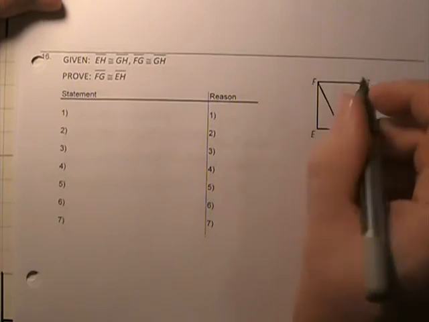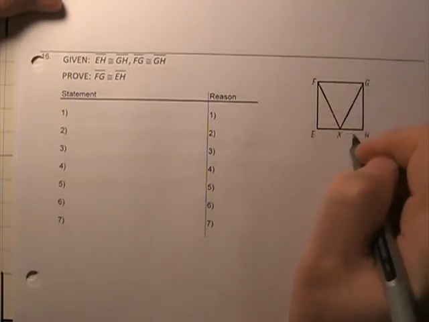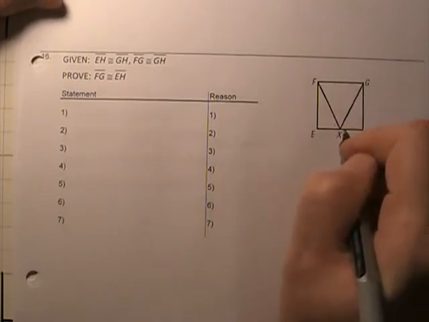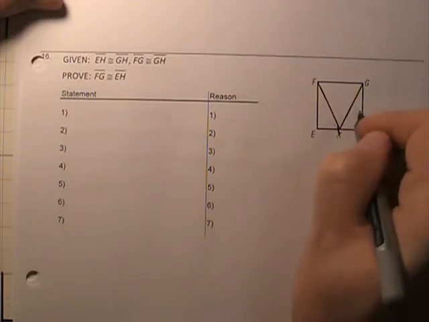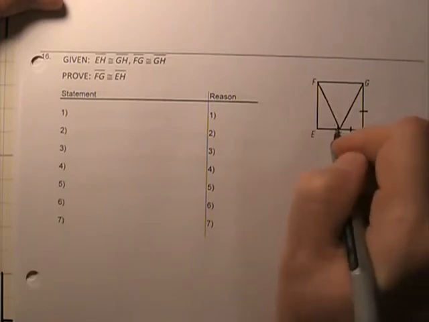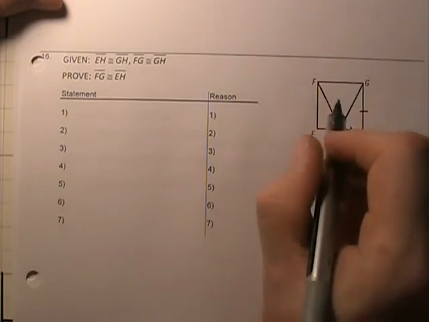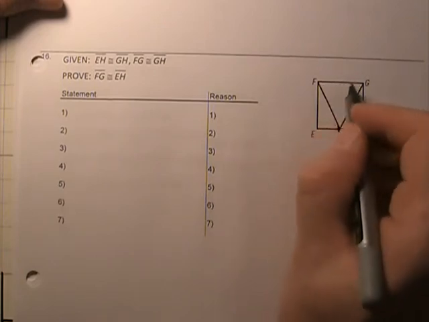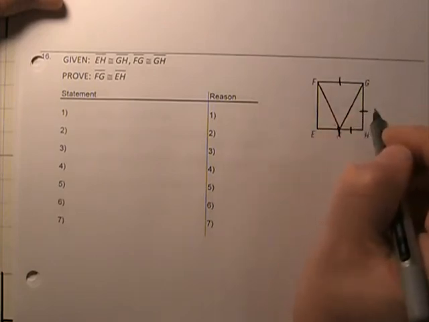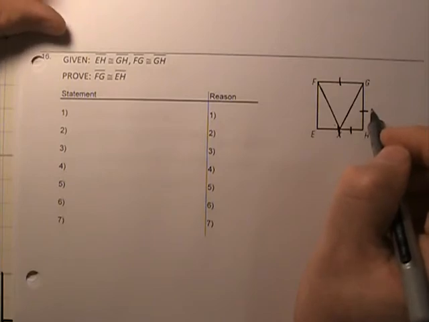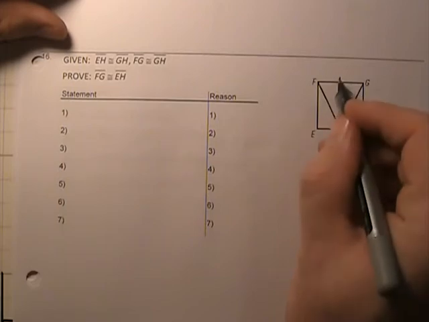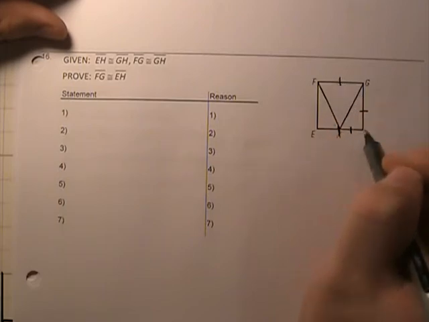Okay, so EH is congruent to GH. Not that one, but this one, so that's hard to mark. And FG is congruent to GH. And prove that FG is congruent to EH.